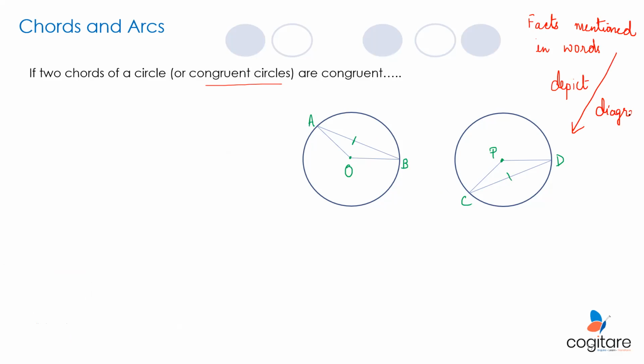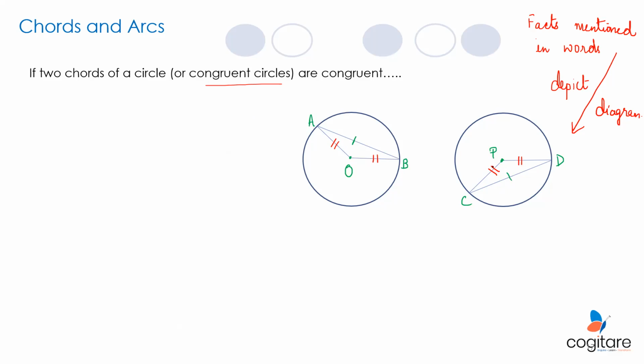You know why? As they say, a picture speaks 1,000 words. When you draw all this, just by looking at these two circles, you can make out that we are talking about two congruent circles, which means the radii of these two circles are equal. You mark that. And we're talking about the fact that the chords are equal.